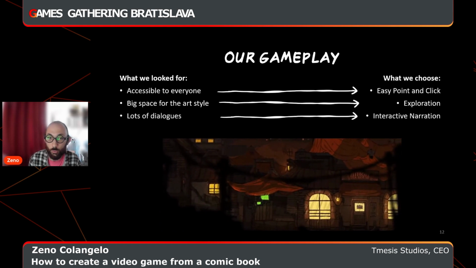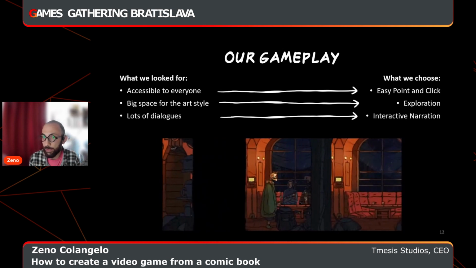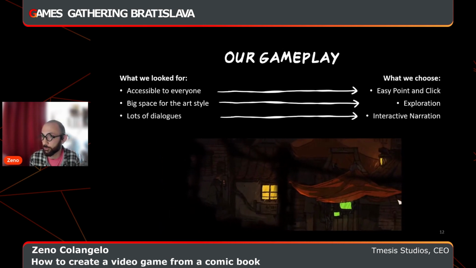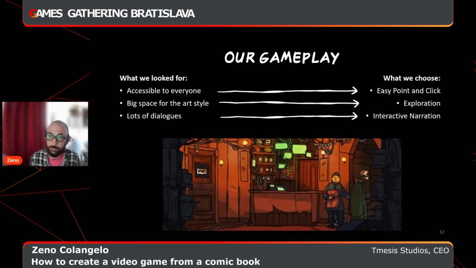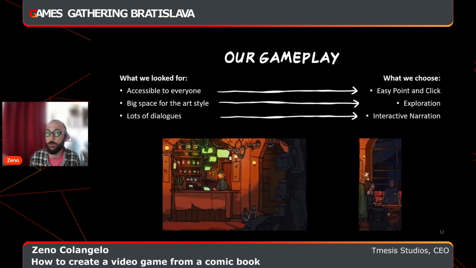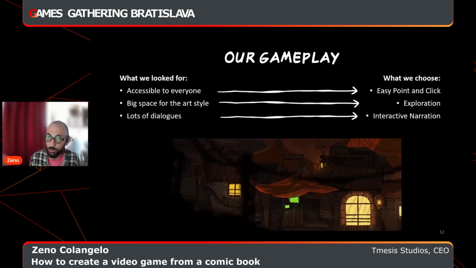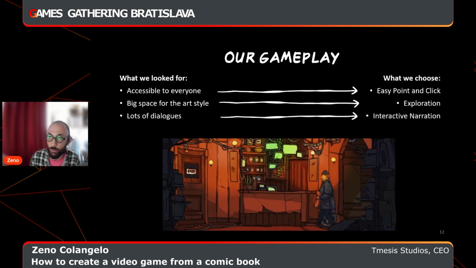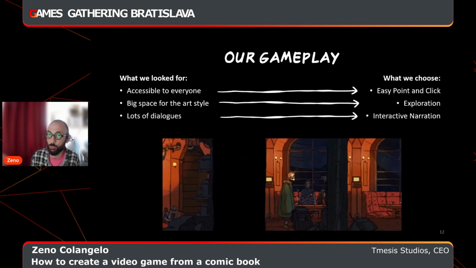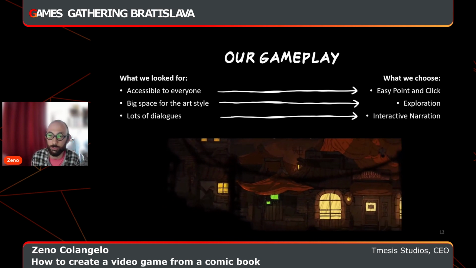And then we need a game with the possibility to put a lot of dialogue, and so the genre of interactive narration was the best to put the narration in a central way in the project, to feel closer to the literature world.